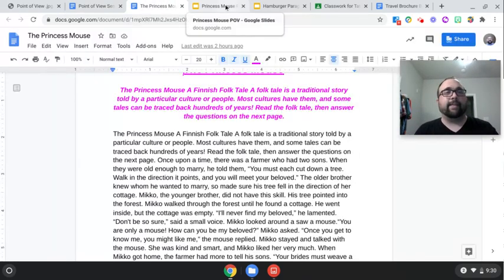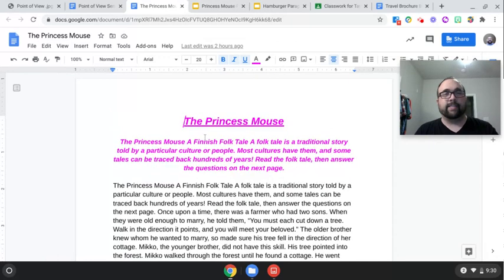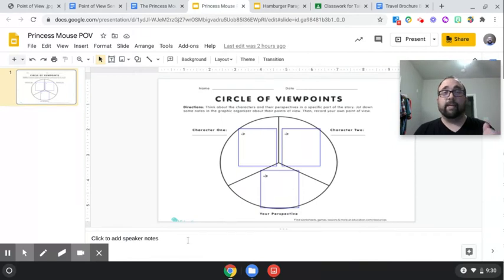So here are the two sheets you will have. You have the Princess Mouse, and you have our Princess Mouse POV. All right, so this is the circle of viewpoints.